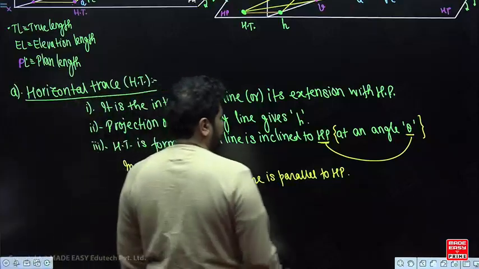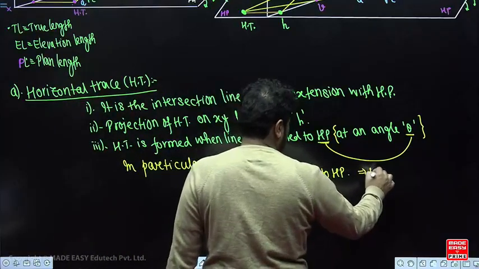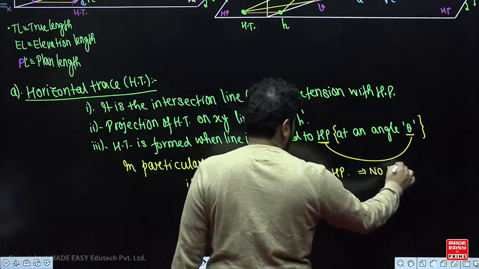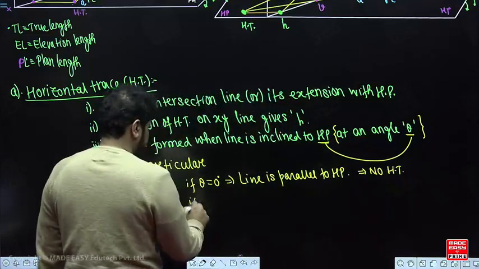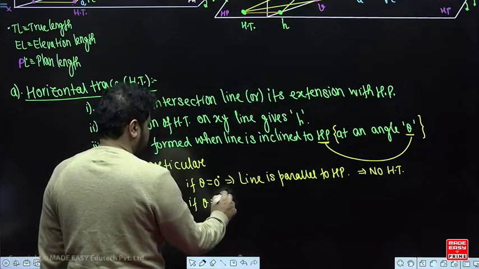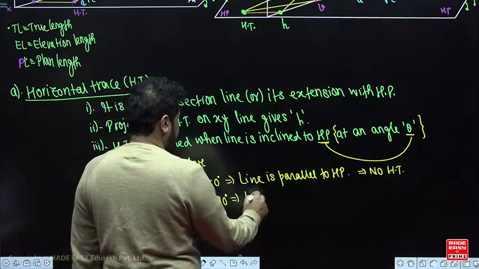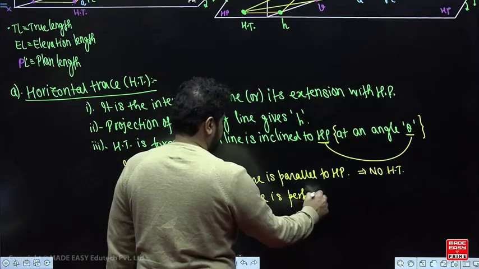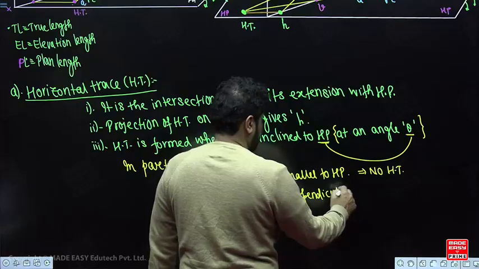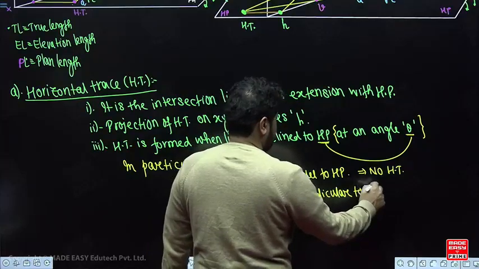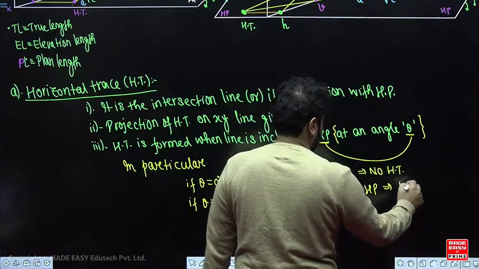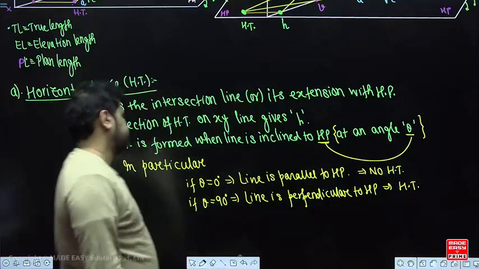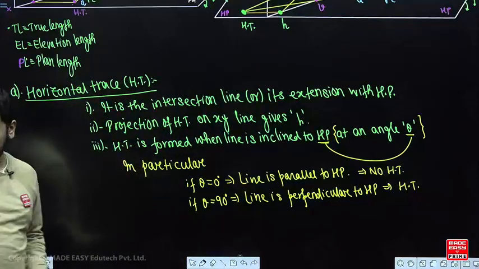So therefore there will be no trace, so there will be no horizontal trace. And if theta is equal to 90 degree, what does that mean? It means that the line is perpendicular to HP. So in this case there will be a horizontal trace. बताओ, clear है?